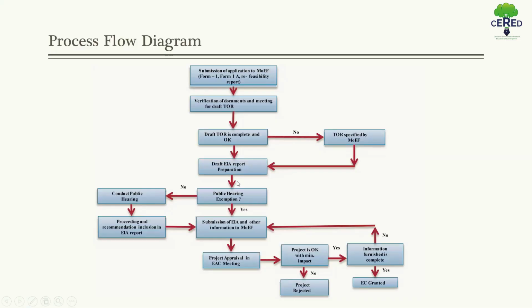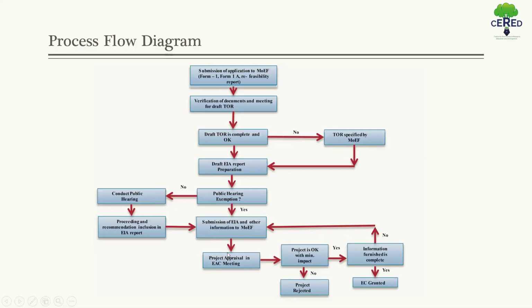After draft EIA report preparation, public hearing or exemption is compulsory. If the public hearing is completed, then the EIA and other information are submitted to MOEF. If not done, then public hearing is conducted, and after that the proceedings and recommendations are included in the EIA report, and then the EIA is submitted to the MOEF or SEAC.